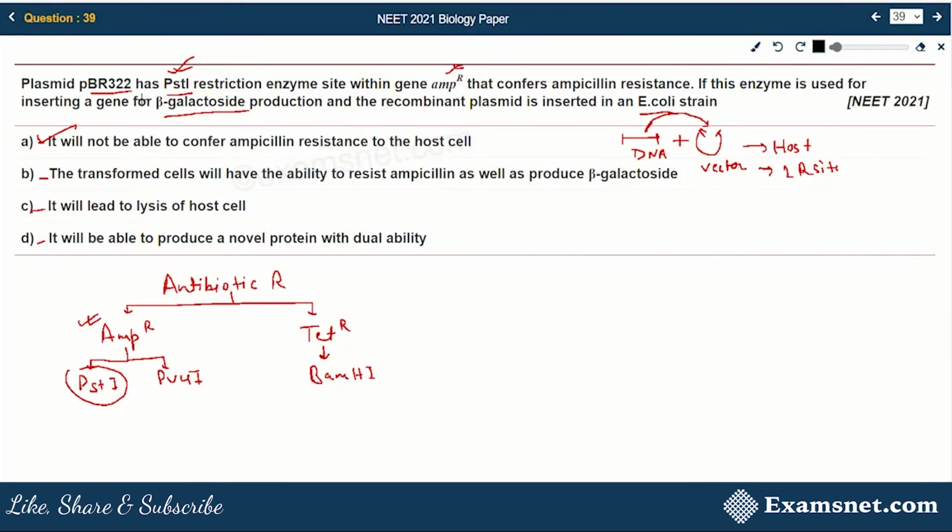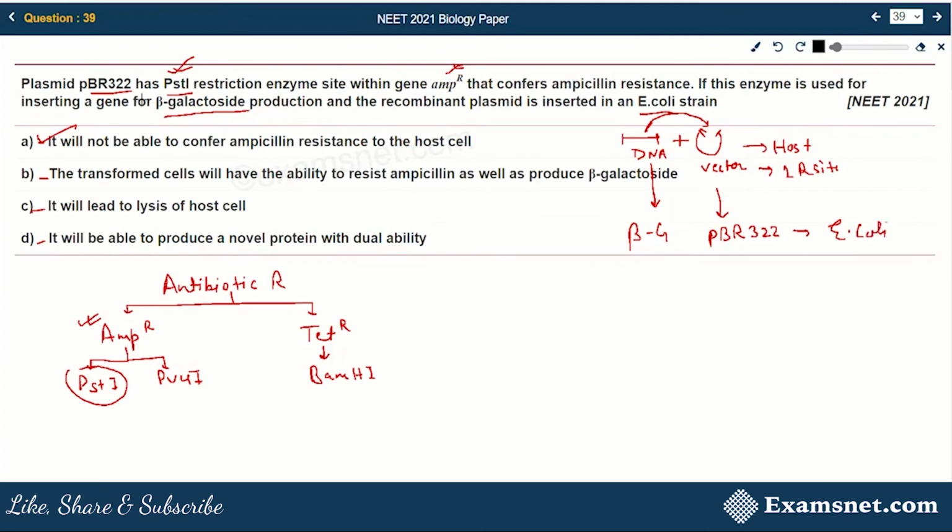Also, according to this question, we have to ligate an alien DNA, that is the DNA or gene for beta-galactosidase production, into the vector, and in this case the vector is pBR322, and then this has to be inserted into the host. What is the host here? E. coli.